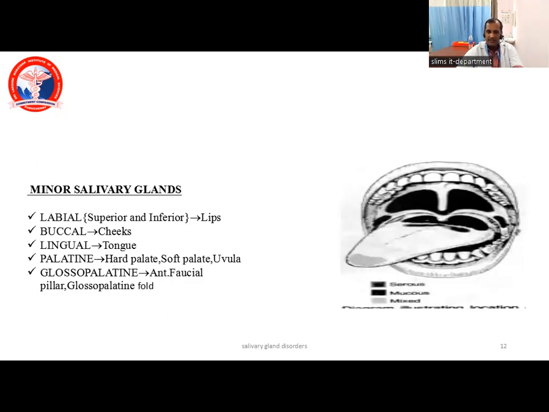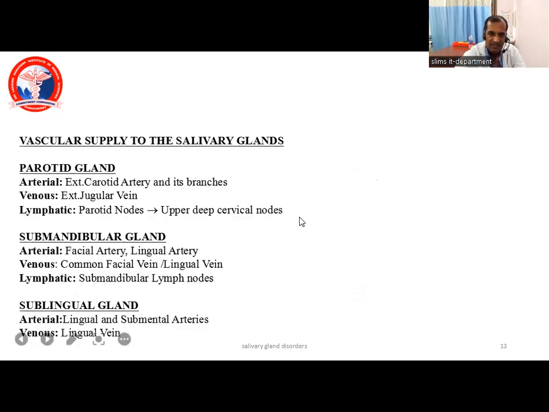Considering the minor salivary glands: mainly in the superior and inferior labial surface, the cheeks or buccal surface, lingual beneath the tongue, palatine, hard palate, soft palate, the uvula, and the glossopalatine. These are the minor salivary glands.